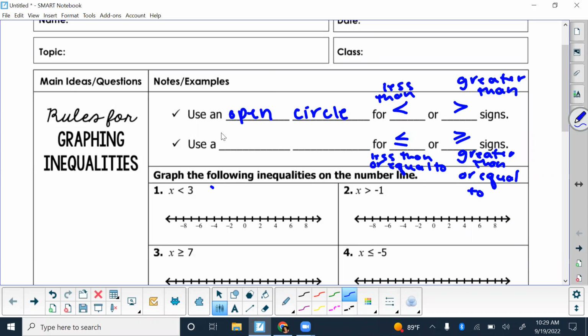And then we're going to use a closed circle for the other two.